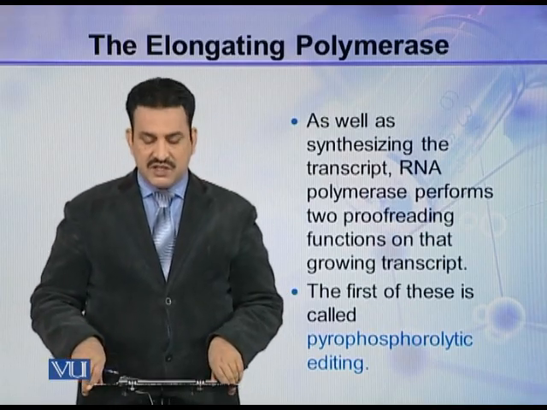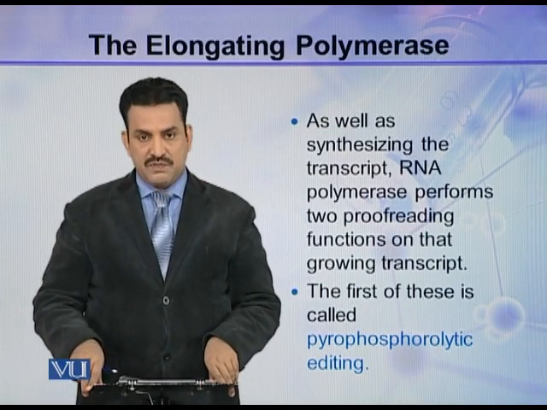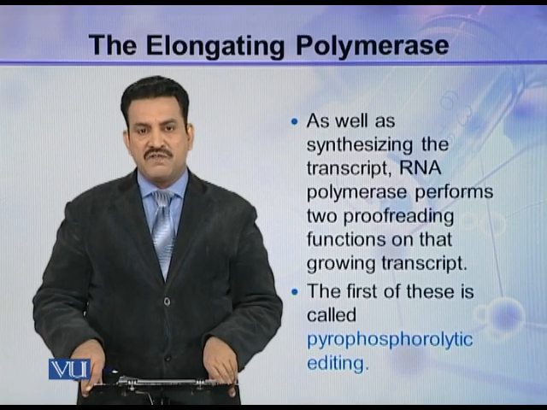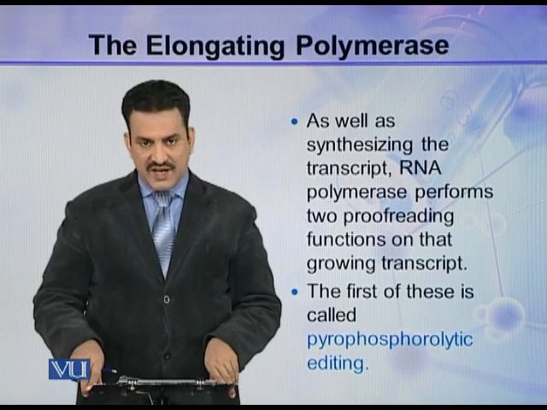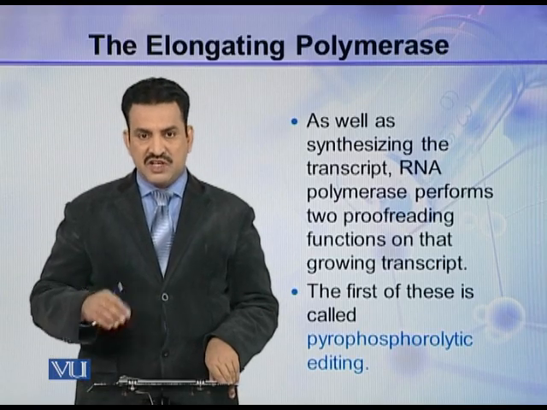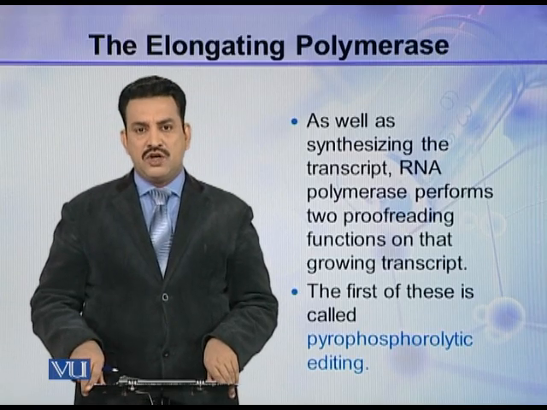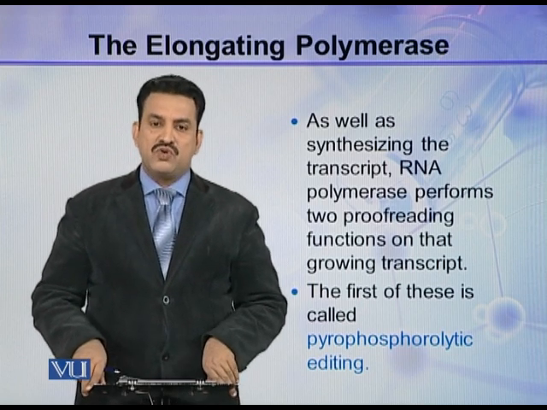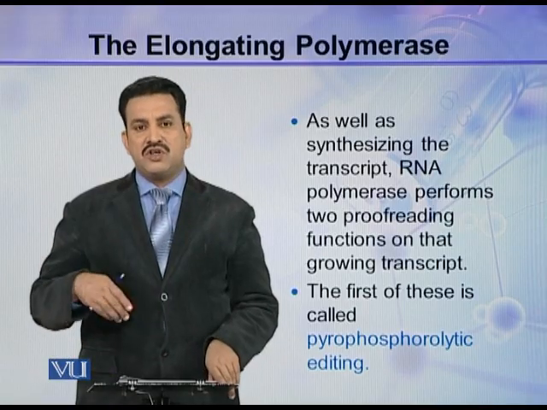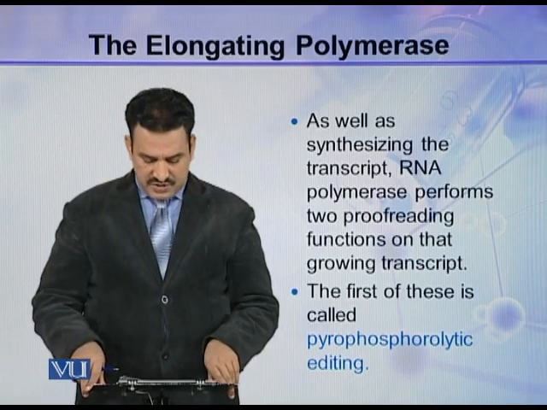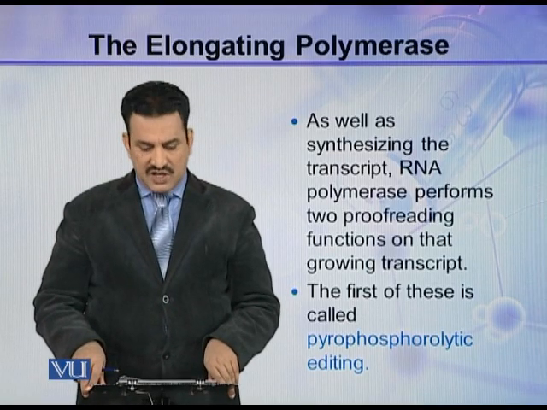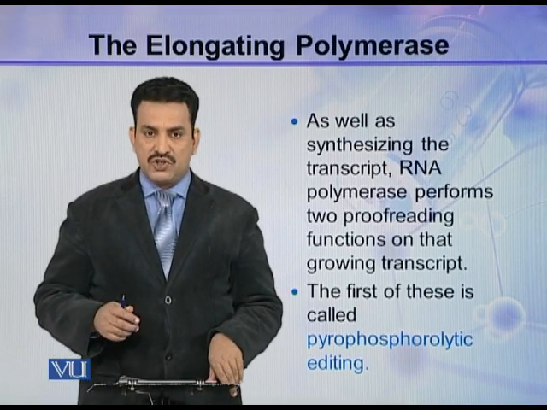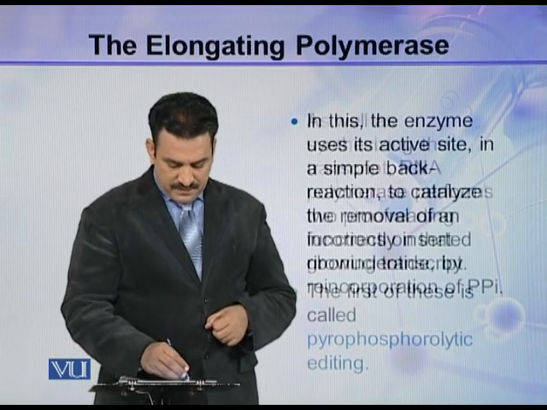As well as synthesizing the transcript, RNA polymerase performs two proofreading functions on that growing transcript. So this is an additional function of the RNA polymerase, which is proofreading, to eliminate the misincorporated nucleotides. The first of these is called pyrophosphorolytic editing.